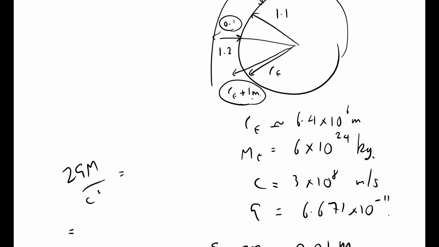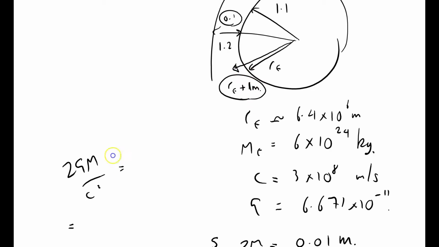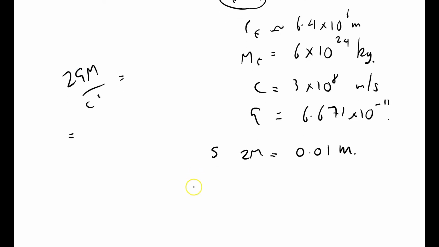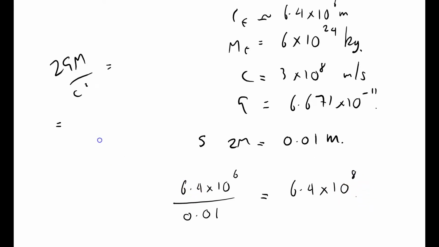And of course, in classical physics, you would climb 1 meter. But in this non-flat space, it won't be 1 meter. There'll be an extra term because the equation was so complicated. So let's work it out. The radius of the Earth was 6.4 times 10 to the 6. And then we have to divide by 0.01, equals, well, it's going to be 6.4 times 10 to the 8, isn't it?